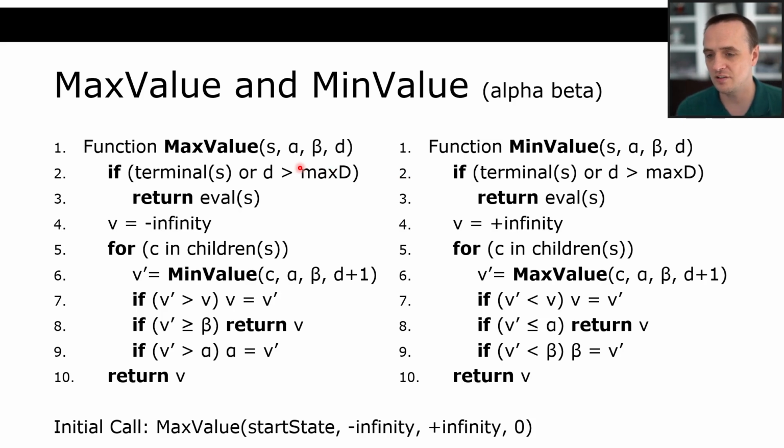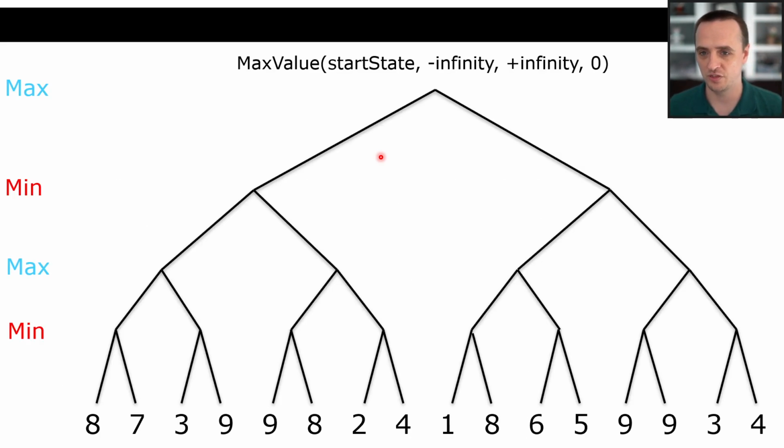That matters for the implementation: the state, the alpha, the beta, and the depth, you are passing by value, meaning you are passing copies of those variables. So those variables will propagate downwards in the tree, but they do not propagate upwards in the tree. And I'll show you what that means with this very well illustrated example.